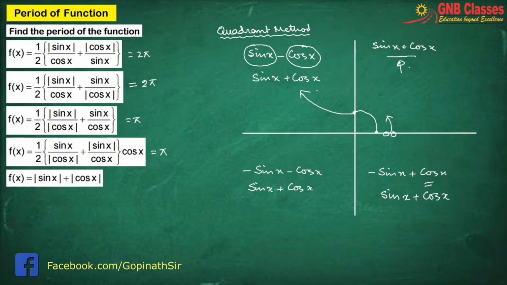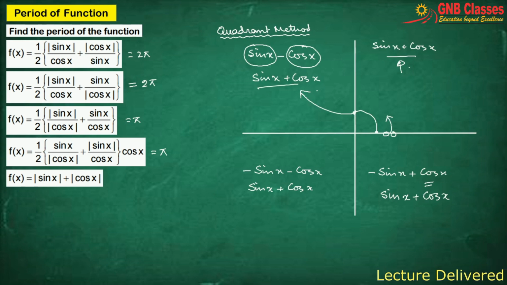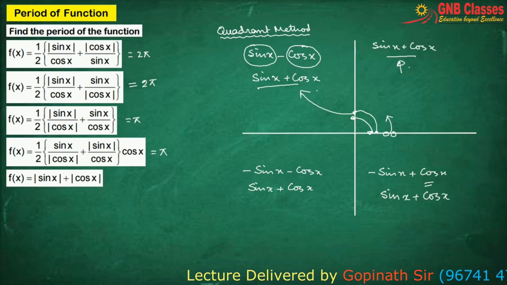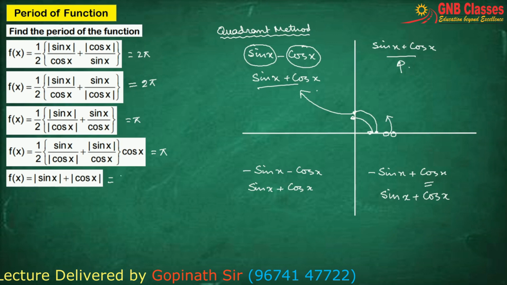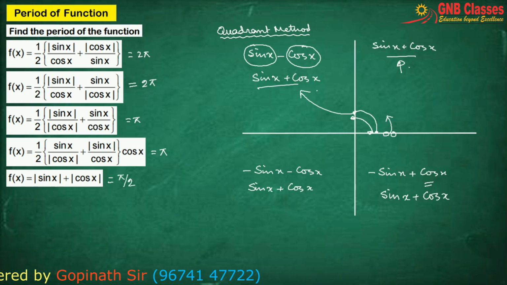Therefore, the amount of revolution you have done is nothing but pi by 2. Yes or no? If it is pi by 2, then you write that the period of this function is pi by 2 straight away. Is this conception clear to everyone?